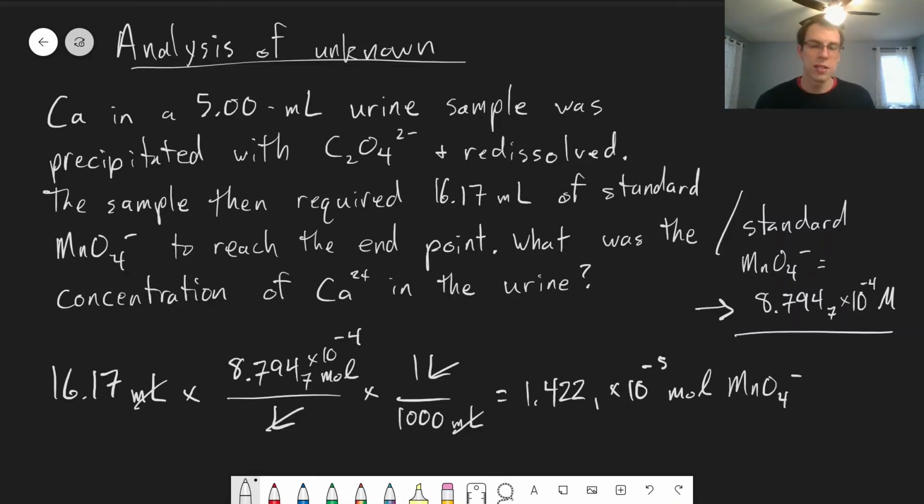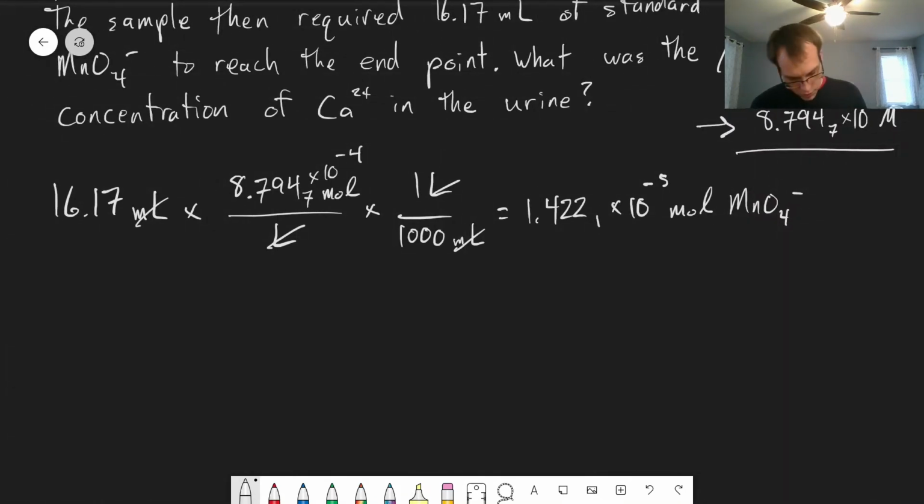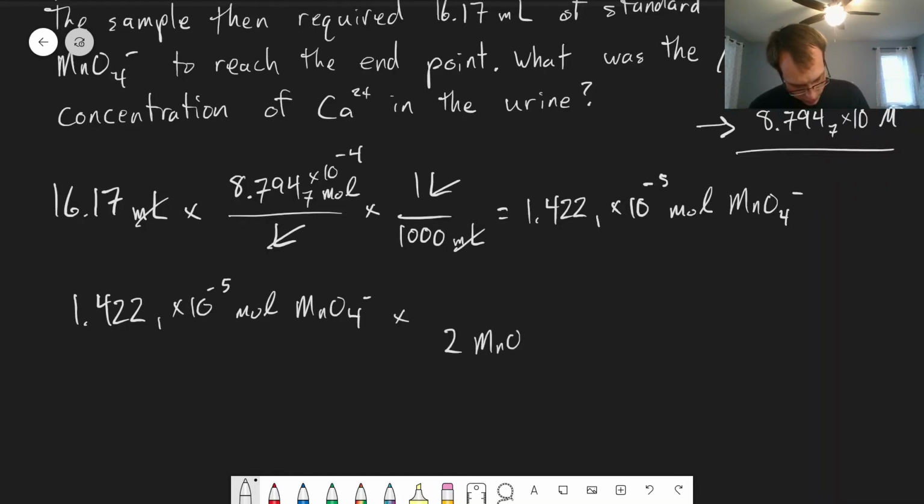Then we need to take into account the stoichiometry, which again is in the previous video: for every 5 moles of oxalate, 2 moles of permanganate react with it. So let's continue our calculation. We take this 1.4221 times 10 to the minus 5 moles of permanganate, and we know that 2 moles of permanganate will react with 5 moles of oxalate.